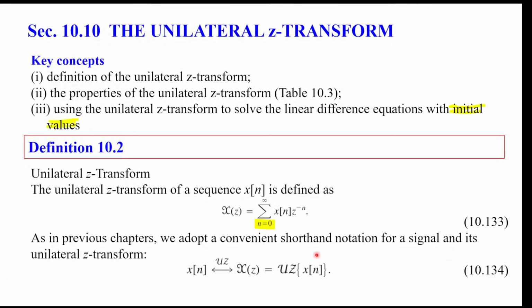And our shorthand notation is this. Everything is easier to type with a script capitalized letter, so the script X is the unilateral Z transform of our small x. We write this double arrow with UZ as the unilateral Z transform, and we also write it like this: UZ of x of n.